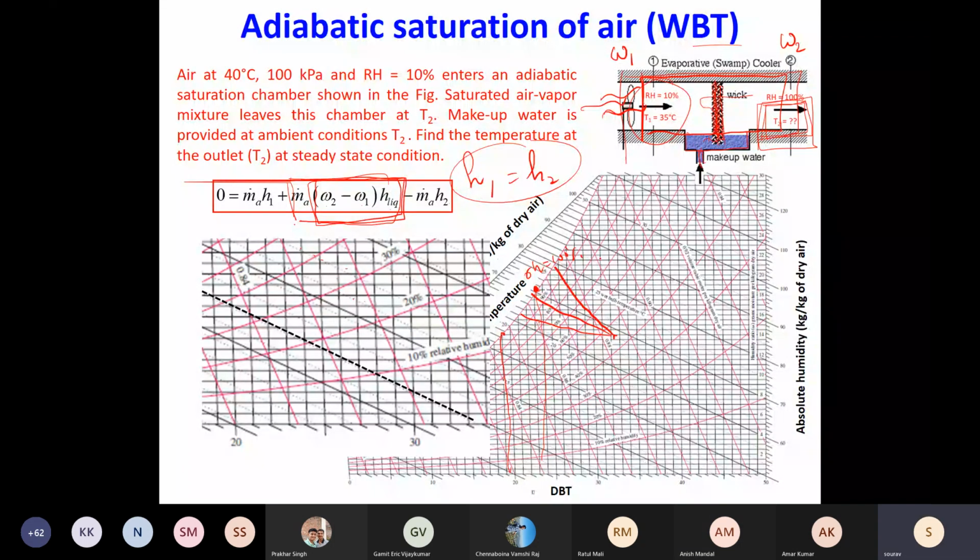In the wet bulb temperature attainment, there was one very important criterion: the process has to be insulated. Your desert coolers are not insulated, so you have some sensible heat transfer from the ambient. So you do not actually follow the wet bulb temperature line in your desert cooler. You may have some gain in enthalpy because of heat leak from outside to inside.